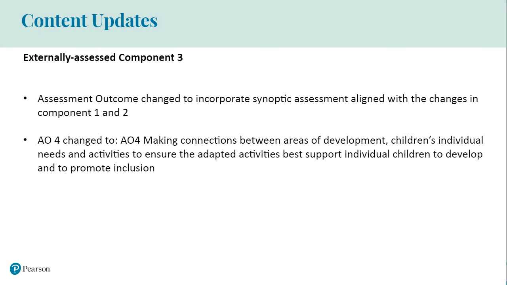The externally assessed Component 3 is called Supporting Children to Play, Learn and Develop. In this component, learners will begin to understand the connection between growth and development and implementing play opportunities learned in Component 1 and 2 to be able to contextualise their knowledge.